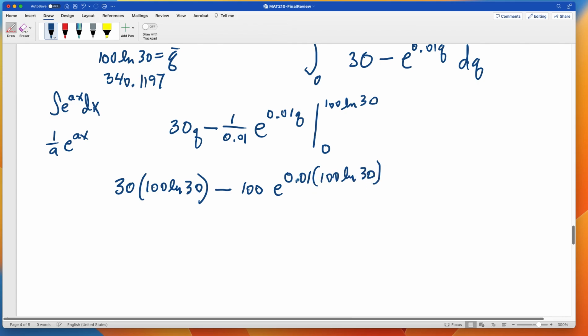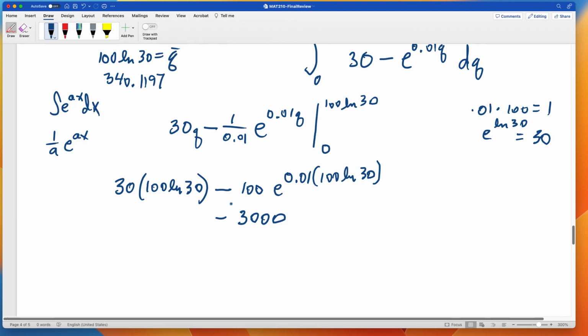You can see this, take 0.01 times 100, that's going to be equal to 1. The decimal goes over 2 places. And so this is really just e to the natural log of 30. e to the natural log, those are inverses, so they cancel out. This is just going to be equal to 30. And then 30 times 100 is going to give us 3,000.